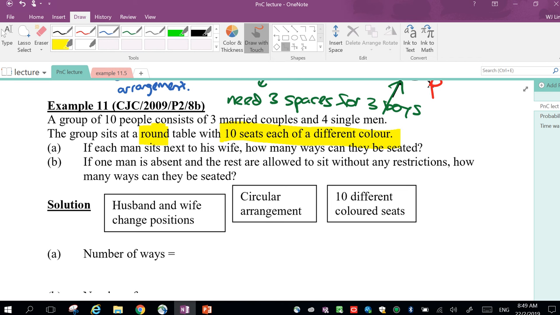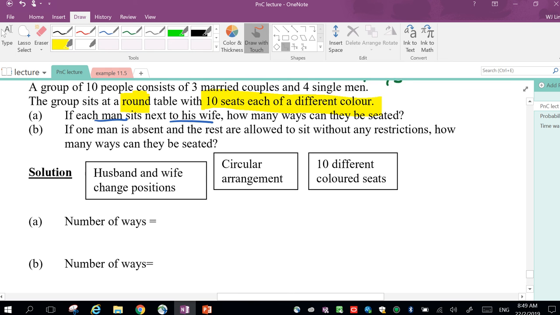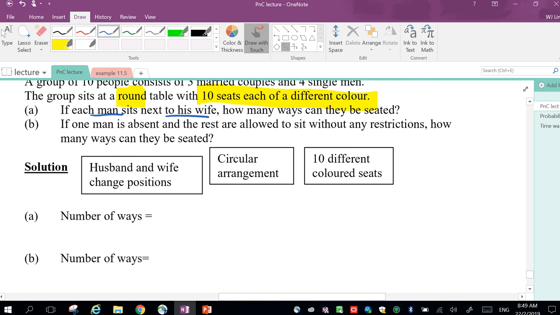Let's see. Each man sits next to his wife. So I'm going to draw it out on the right hand side, where you've got some space. The man 1 and wife 1, I'm going to label as M1 W1.